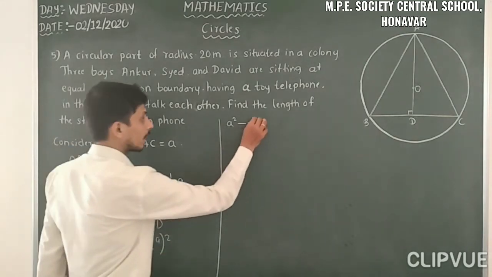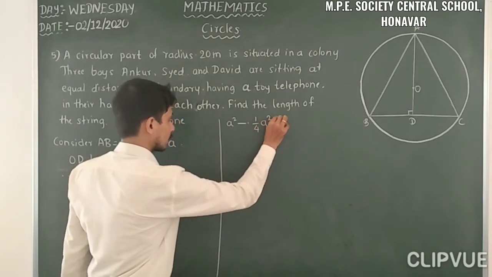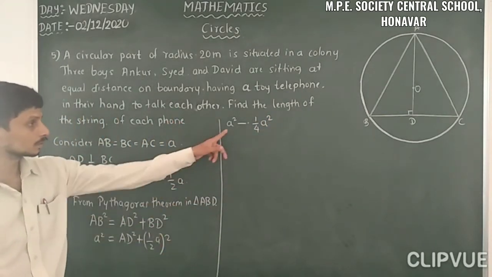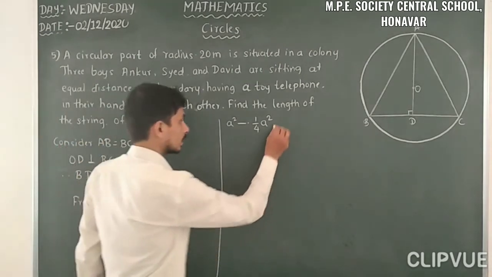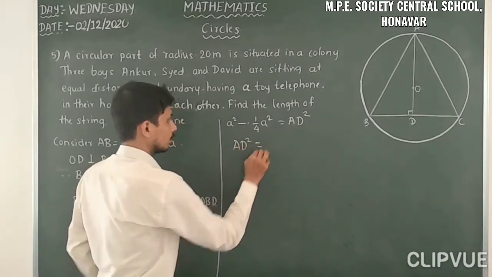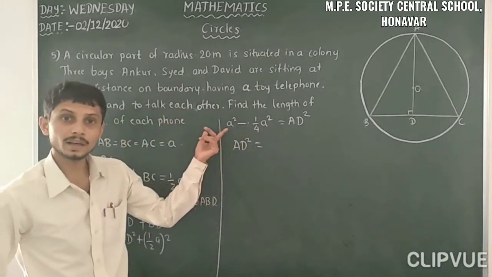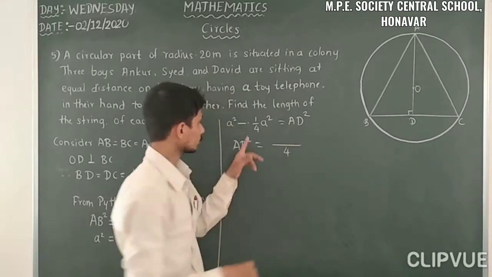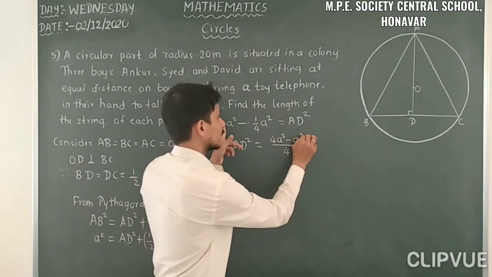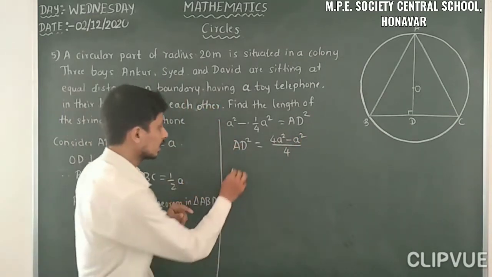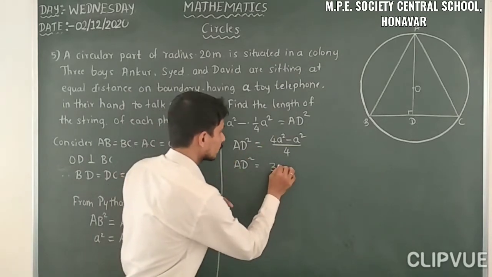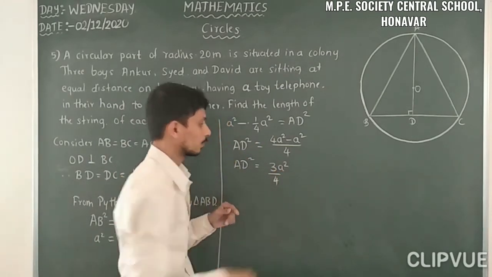That is, A square minus 1 by 4 A square, since the square gives 1 by 4 A square. So AD square is equal to that. Here we take the LCM as 4, and we get 4A square minus A square. Yes, AD square is equal to 3A square divided by 4.